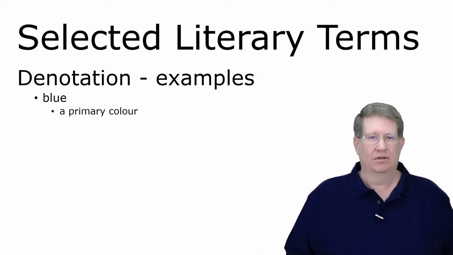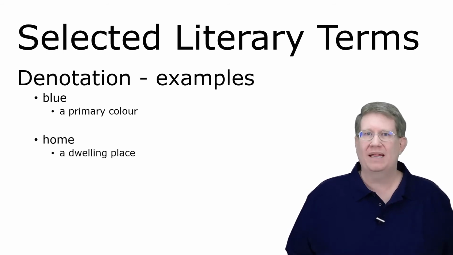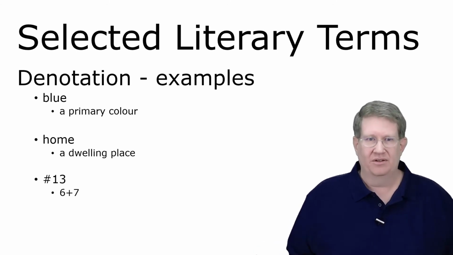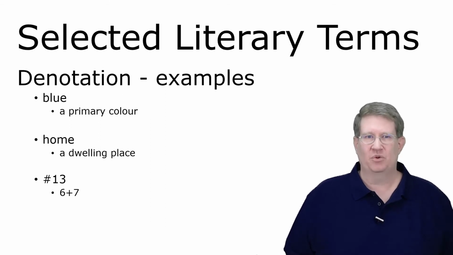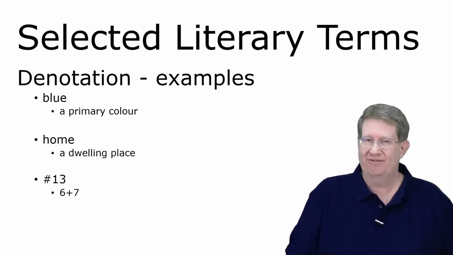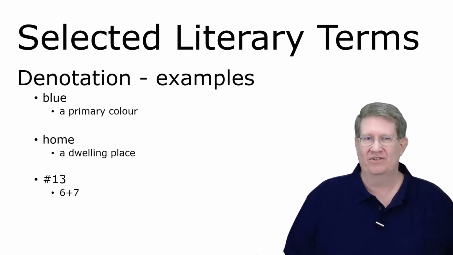Well, blue is a primary color. That is what it is. Home. Well, that's a dwelling place, a place where people live. And number 13, well, that's 6 plus 7 is 13. So these are all the denotations, or denotative definitions, of these words.